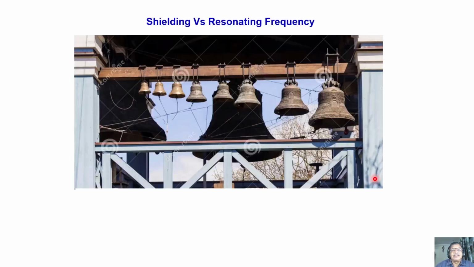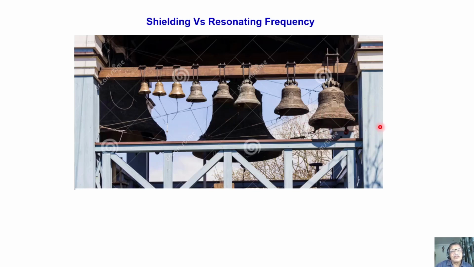Okay, this is a simple diagram to explain what happens when you go from right to left or left to right. Please look at it. This is the bell. Let us say the bell circumference is the charge distribution around the site of the nucleus. This nucleus, let us say this pin, is more shielded.